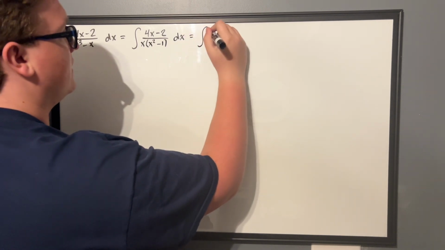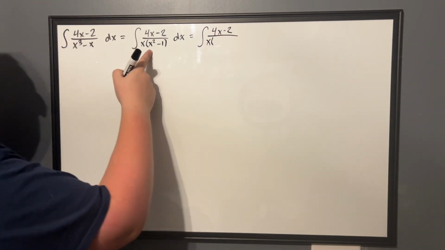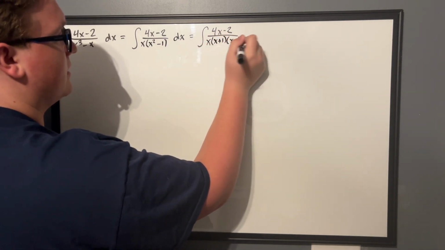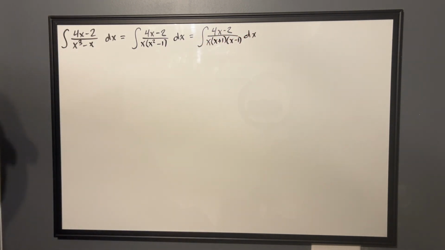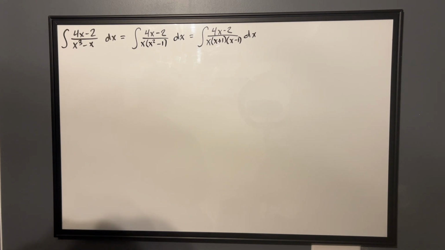So we can rewrite this integral as 4x minus 2 over x times x plus 1 times x minus 1 dx. This is as simple as it's going to get because it's not going to break down anymore. We've got linear factors, which is really optimal for partial fractions.